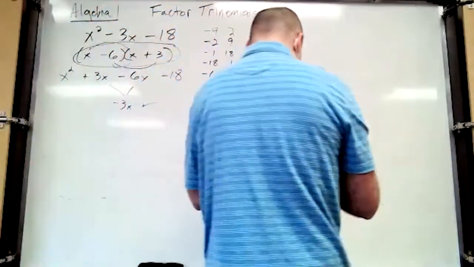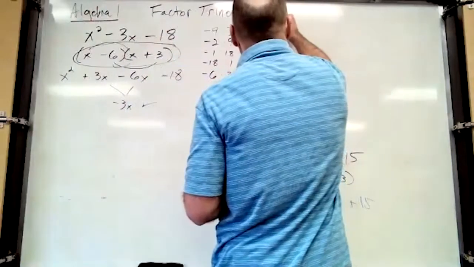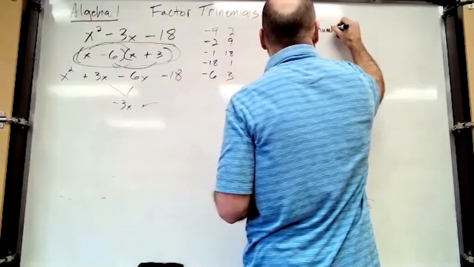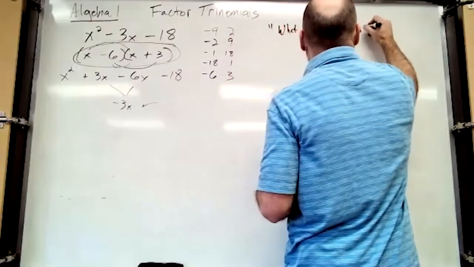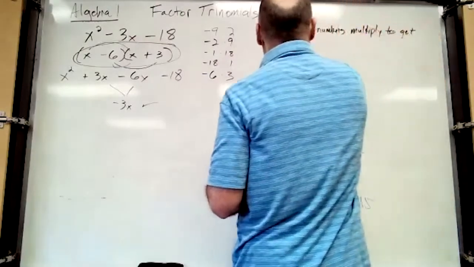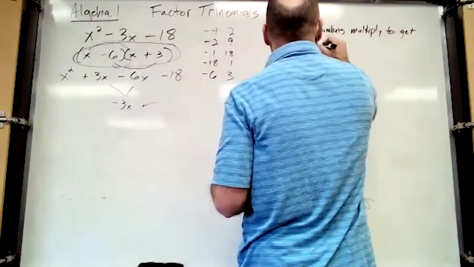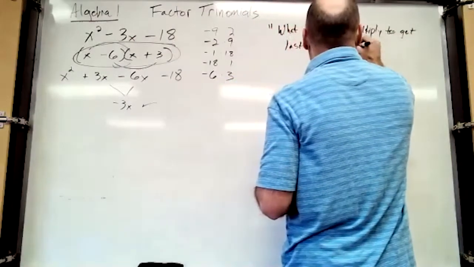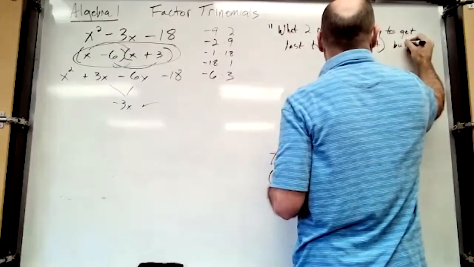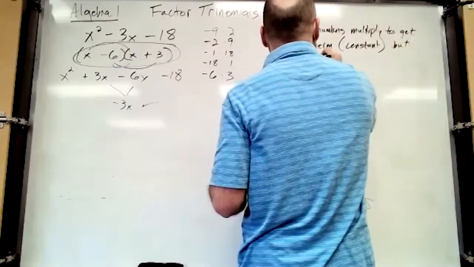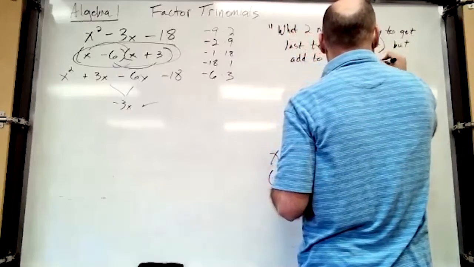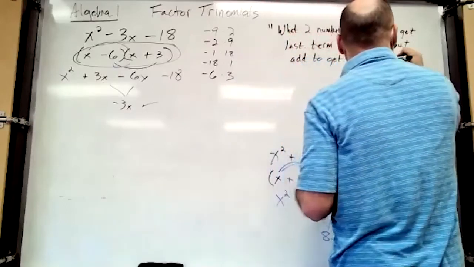This is your magic question, and you can write this down. What two numbers multiply to get the last term, or the constant, but add to get the middle term's coefficient?